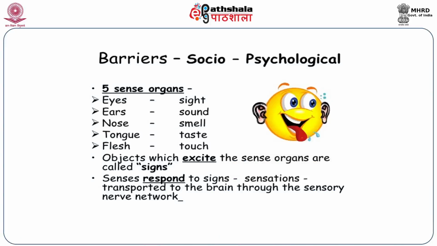When we say barriers, socio-psychological barriers are also there. We have 5 senses and we can use all 5 senses for communicating. Objects which excite the sense organs are called signs. Senses respond to signs, and sensations are transported to the brain through the sensory nerve network.